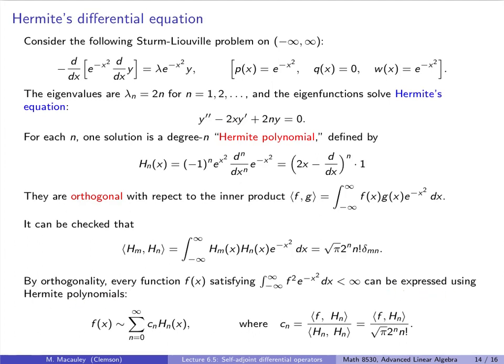In other words, f of x converges to, think of it as equals, the infinite sum of Cn Hn of x, where Cn is just the projection of f onto the degree n Hermite polynomial. So that's the inner product of f with Hn divided by the norm squared of Hn, which is this thing here, root pi 2 to the n times n factorial.